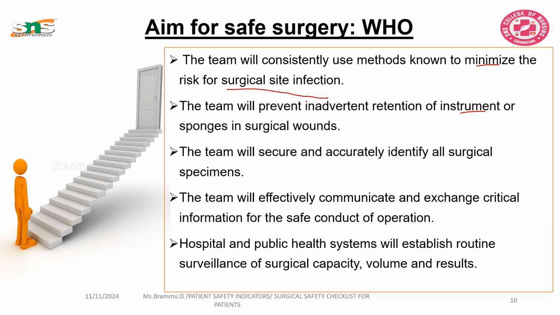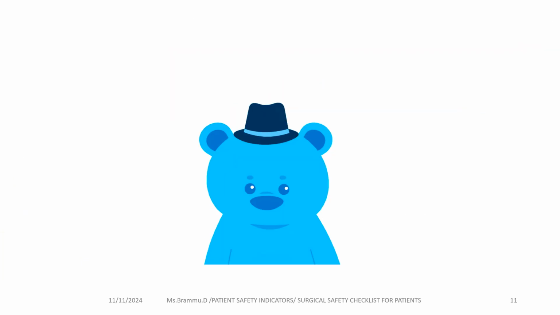The team will also securely and adequately identify all the surgical specimens, whether they have been properly marked and sent to the lab, and will be able to communicate very effectively and have a safe conduct of operations. The hospital and the public health system will establish routine surveillance of surgical capacity, activity and results.